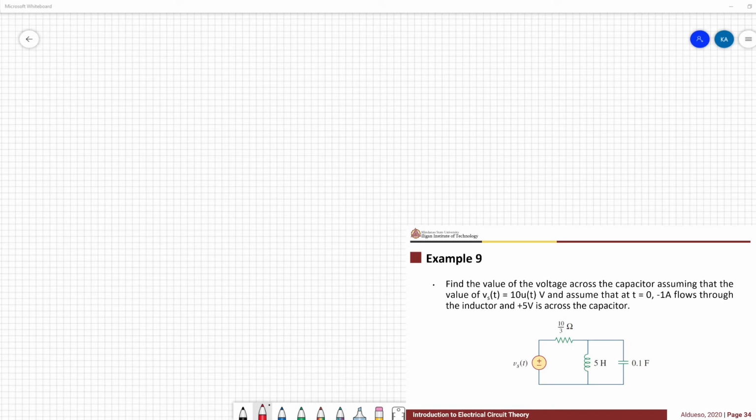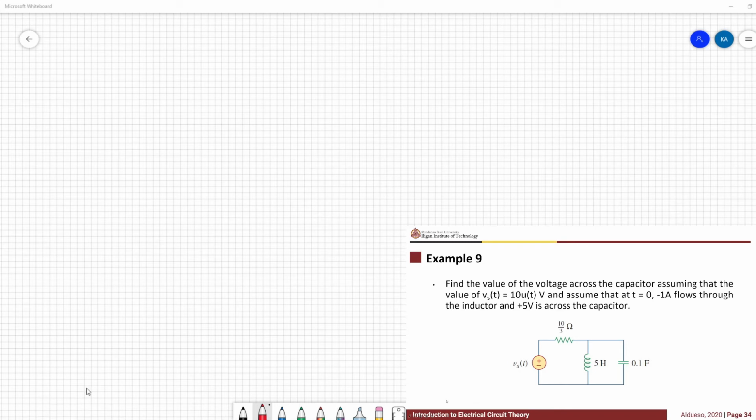For the next example, find the value of the voltage across the capacitor, assuming that the value of Vs of t is 10 u of t volts, and assume that at t equals 0, negative 1 flows through the inductor and positive 5 is across the capacitor.